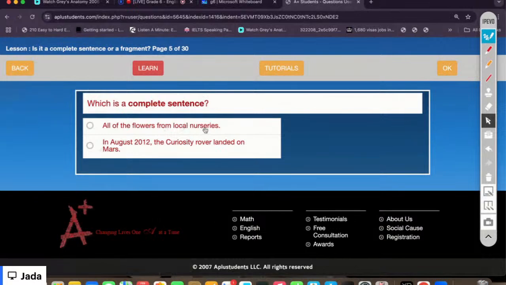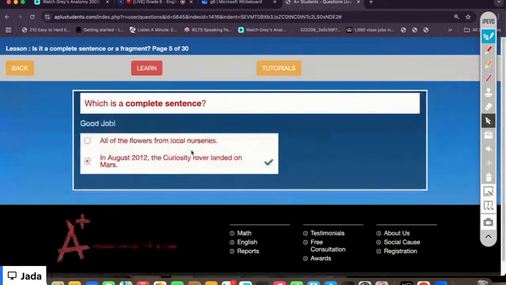All right, so we have the second one because the first one is a sentence fragment, because what happened to the flowers we do not know.